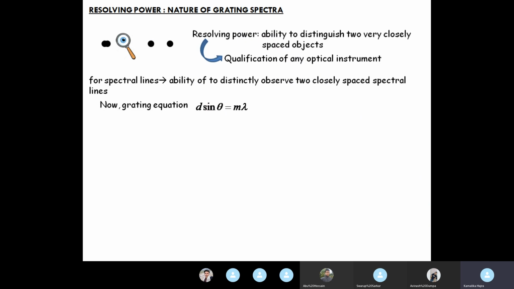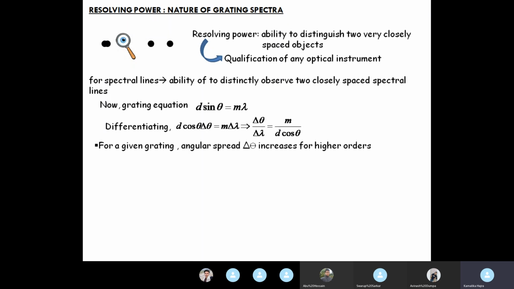All right. Now we know the grating equation is d sin theta equal to m lambda. All right. So if you differentiate, you get d cos theta delta theta equal to m delta lambda. So that we get delta theta by delta lambda equal to m by d cos theta.